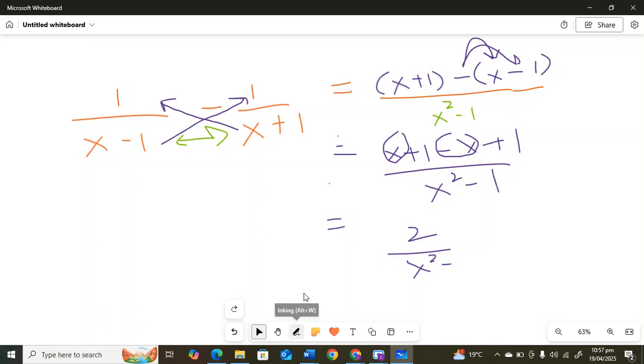Wait, just hold on. You're saying when we do what? The cross multiplication has happened already. Or if you want, we can put it like this here.